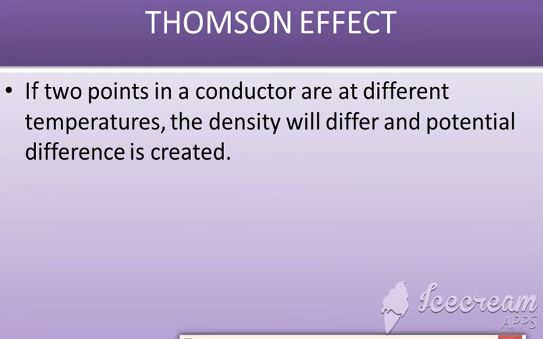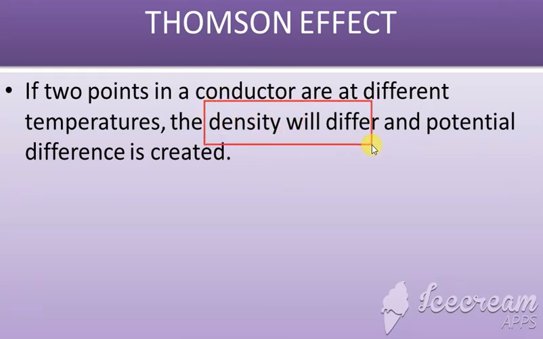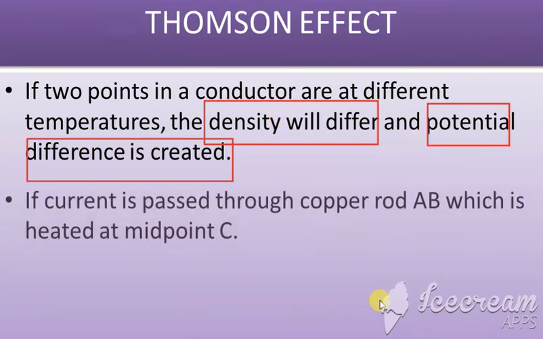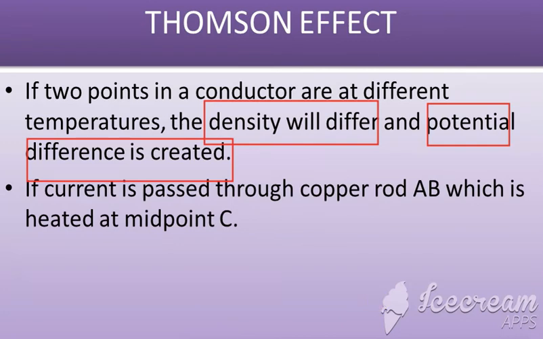Whenever the two points differ, the density also differs. So the density will be different and there is also a potential difference which is created, if the current is passed through the rod which is heated.